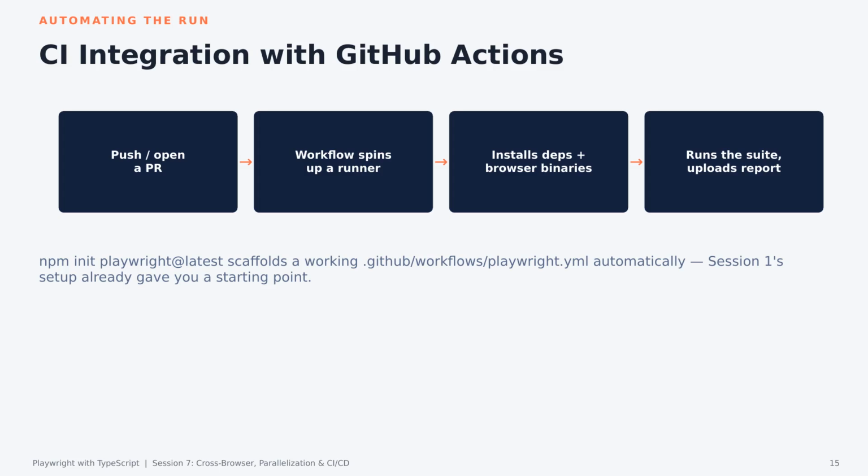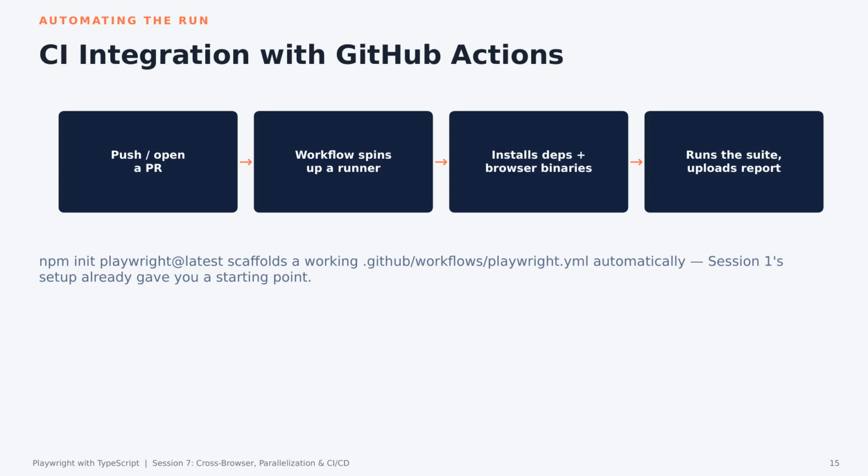Let's talk about automating all of this. Here's the basic flow, 4 steps. Push or open a pull request. The workflow spins up a fresh runner. It installs dependencies and the browser binaries, and then it runs the suite and uploads the report as an artifact.